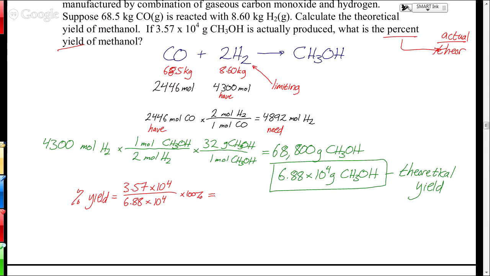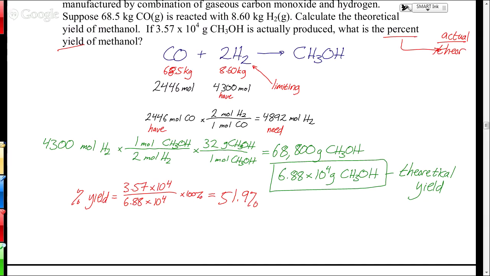About a little less than half, or a little more than half, right? Yeah. So 51.9% is our percent yield. Is that what you got? We're close to that? Around that?